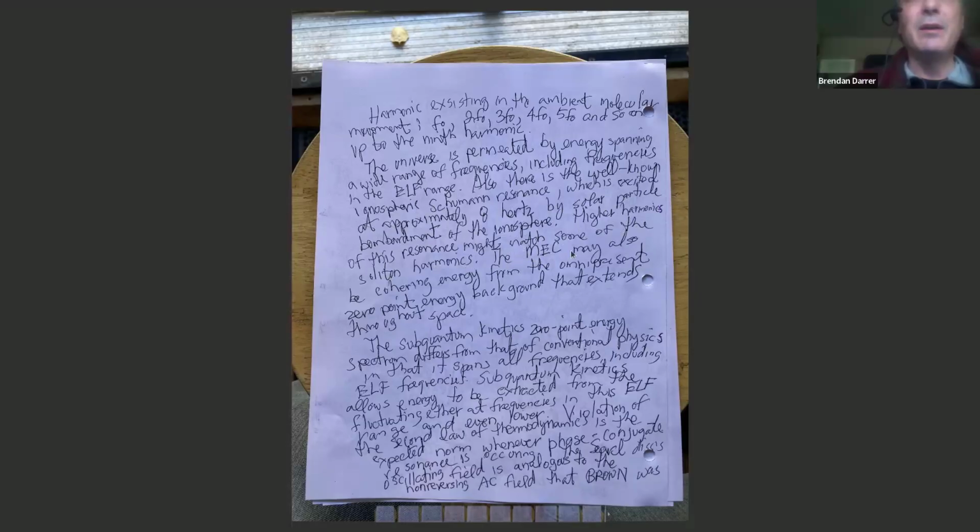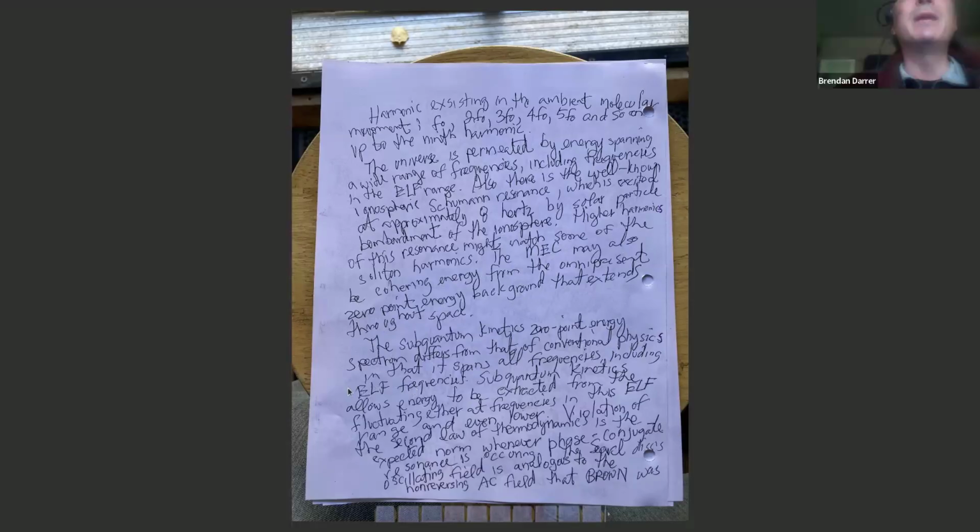The MEG may also be cohering energy from the omnipresent zero-point energy background that extends throughout space. The SubQuantum Kinetics zero-point energy spectrum differs from that of conventional physics in that it spans all frequencies, including ELF.